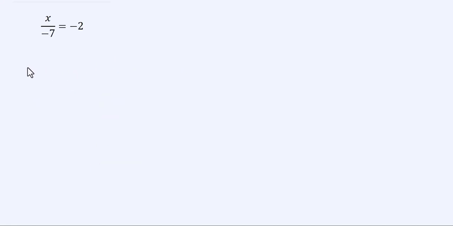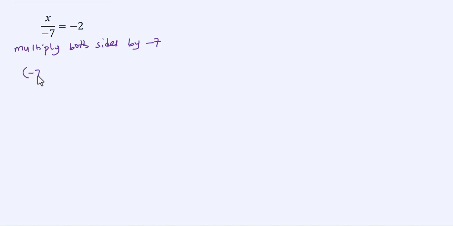Okay, so here we have a negative number dividing our variable. So just pay attention to the number dividing our variable. And here is a negative number. So we use that number to multiply both sides. So multiply both sides by minus 7, which is negative 7.